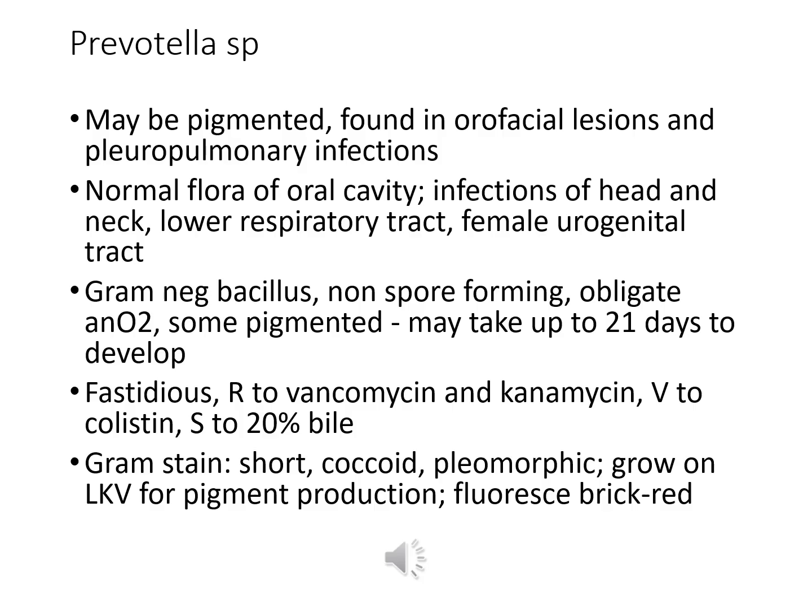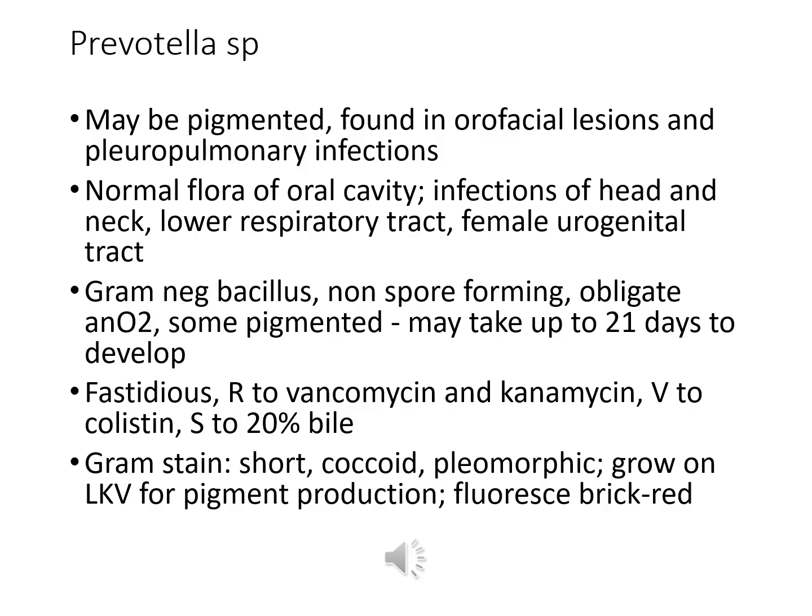All right, so Prevotella species, it may be pigmented. It's found in orofacial lesions and pleuropulmonary infections. It's normal flora of the oral cavity, and we see this in infections of the head, neck, lower respiratory, and female urogenital specimens. Again, it's a gram-negative rod, non-spore former.